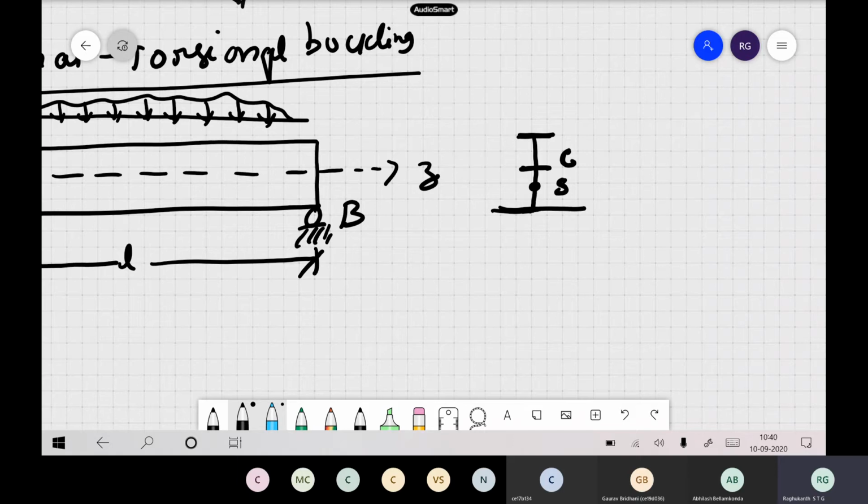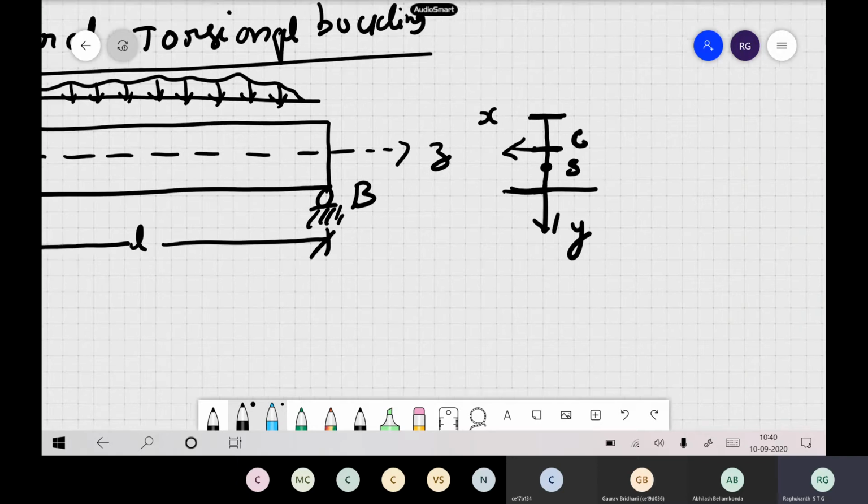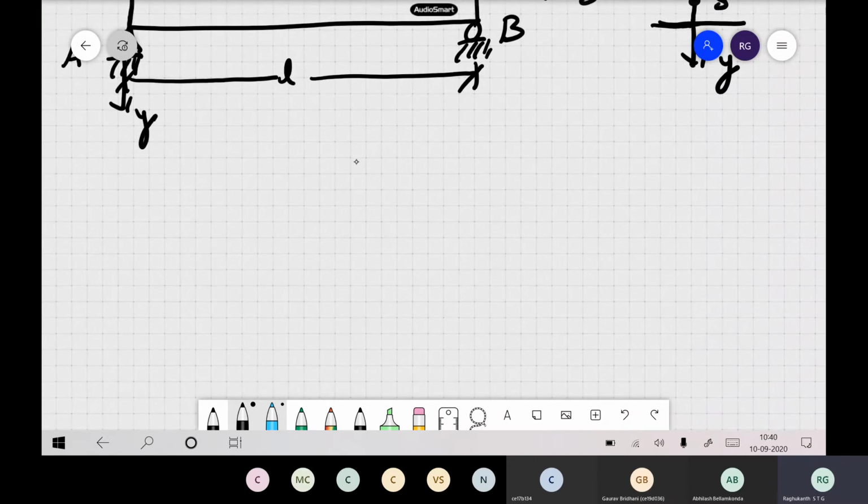And now what happens when there is this buckling? If you denote the axes, this is your cross section, X and this is your Y. We are taking the origin as the centroid. You can take the origin as the centroid, or whatever you followed. You can take the shear center also as the origin. So due to lateral torsion buckling, I'm just zooming, it's the same thing I'm drawing here.